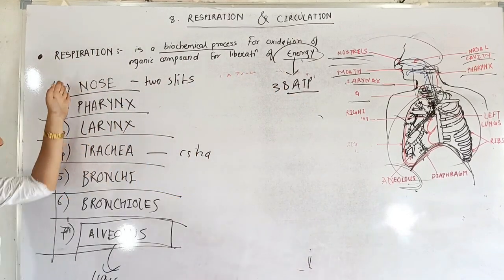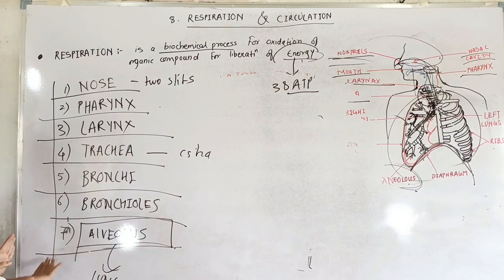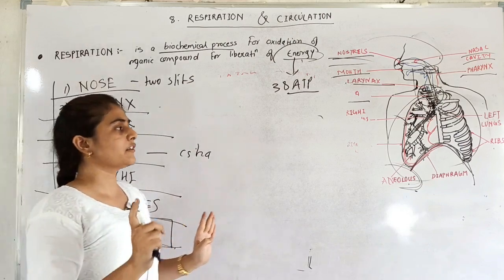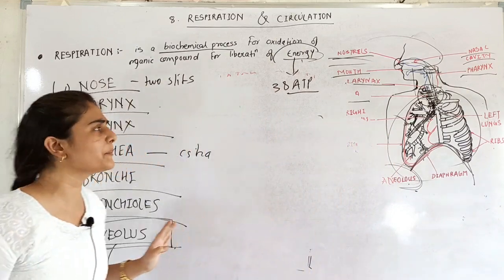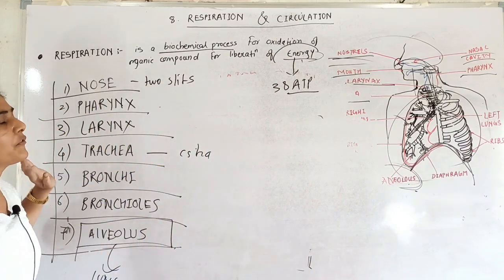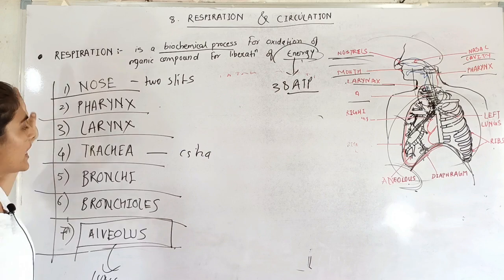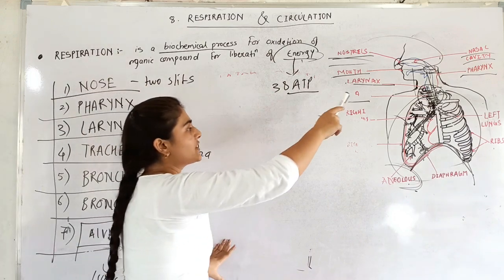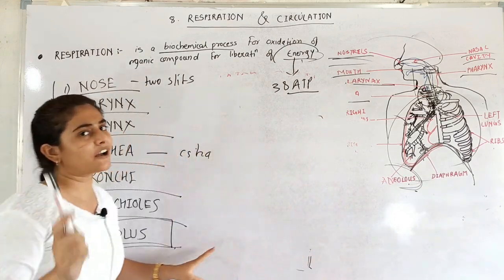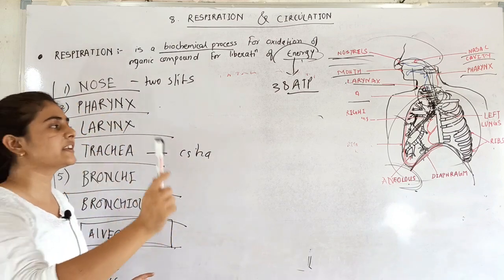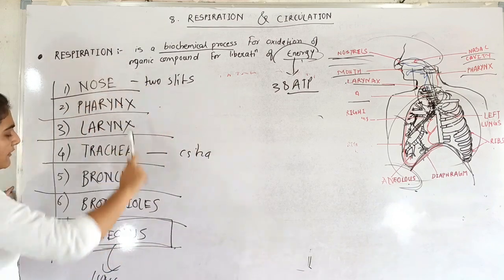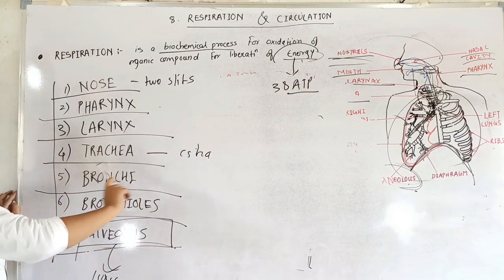Then you should start with the 7 points, and the most important thing while answer writing is the diagram. If you have not mentioned any theory of whatever I have told you, but you have mentioned the diagram, you will get half marks of your answer. So the diagram is a must while studying biology. These are the 7 points we have discussed in the human respiratory system.